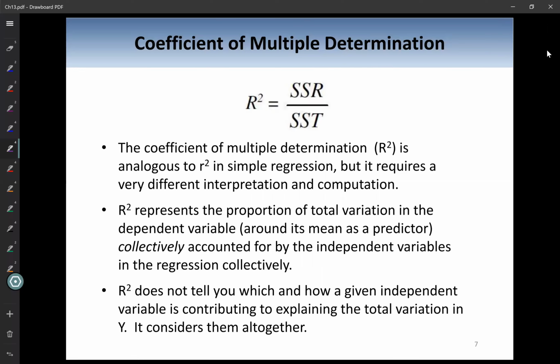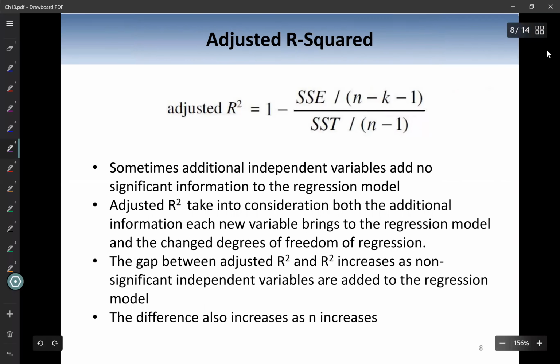The more predictors we add to a model, the R squared, because of the formula, will increase. So one way to get around this, to make it so that we are truly assessing the model fairly, is to use what is called the adjusted R squared.